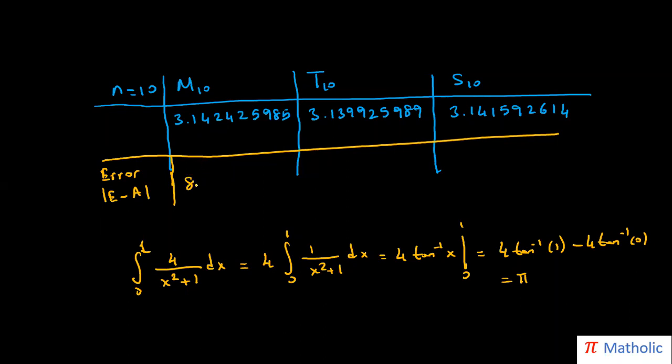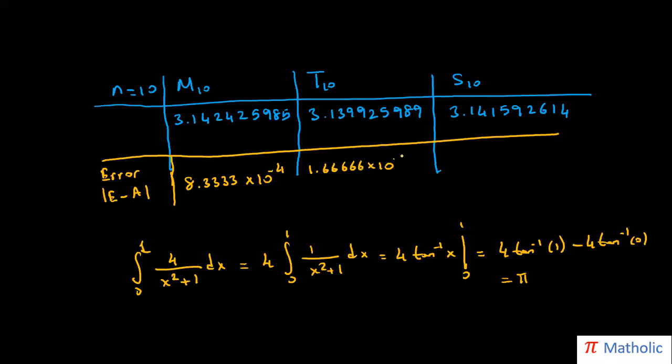So if we say pi minus this one, the answer you're going to get here is 8.3333 times 10 to the power negative 4. For this one, if you do the same work, you get 1.6666 times 10 to the power negative 3.